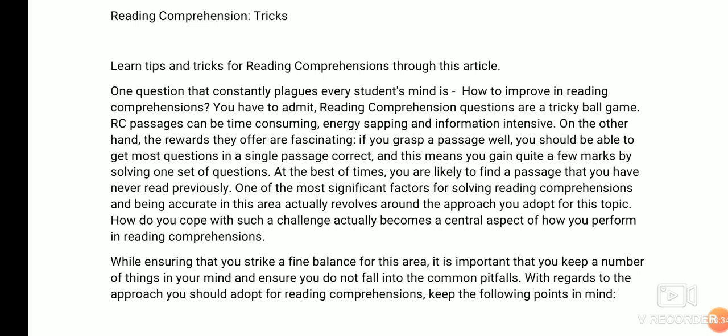One question that constantly plagues every student's mind is how to improve reading comprehension. You have to admit reading comprehension questions are a tricky ball game.